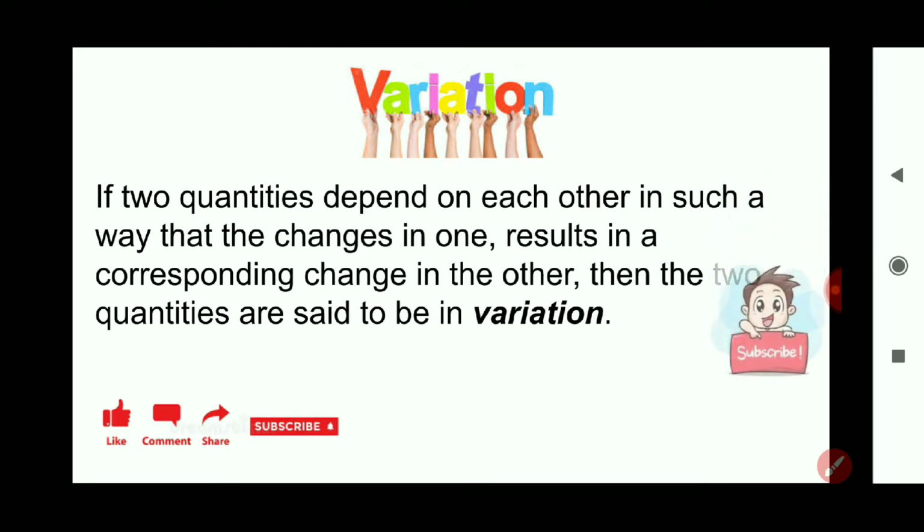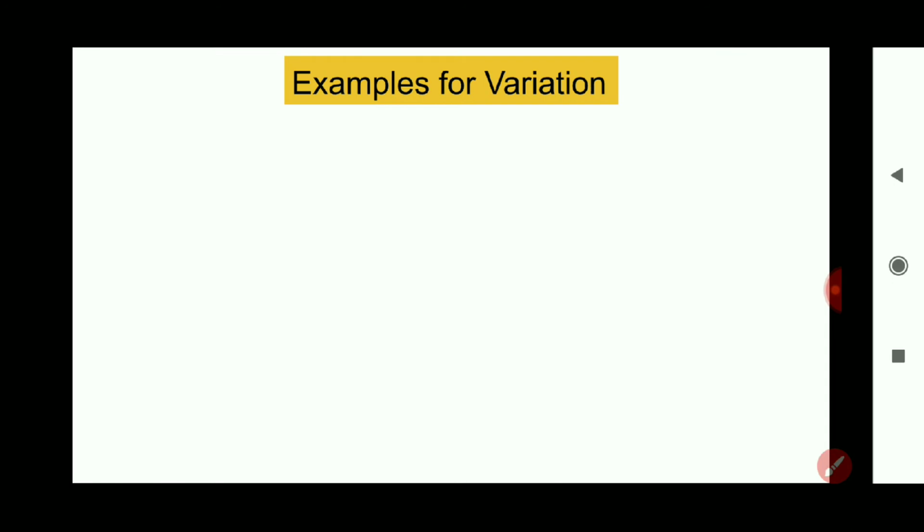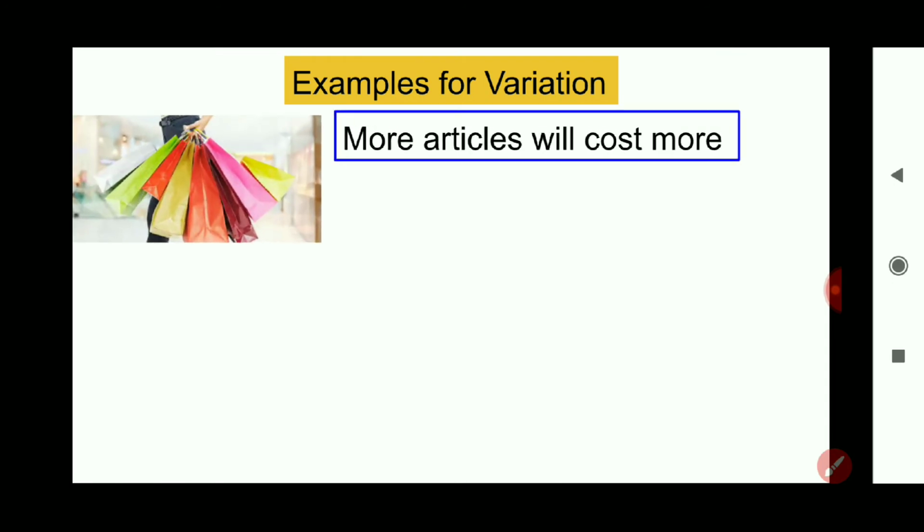Variation. If two quantities depend on each other in such a way that the changes in one results in a corresponding change in the other, then the two quantities are said to be in variation. Examples for variation. More articles will cost more.